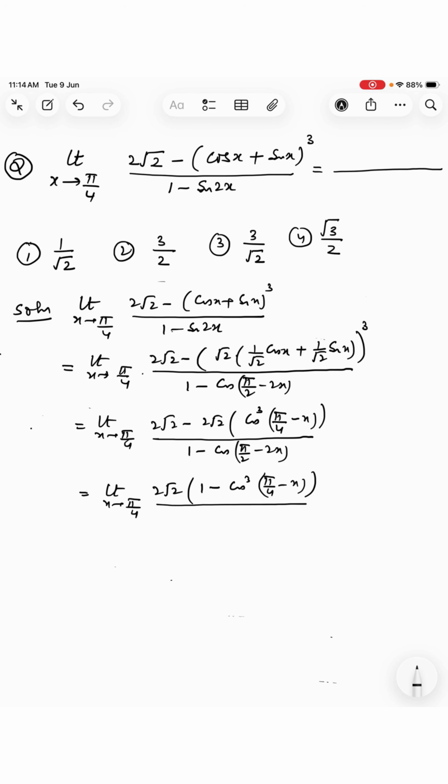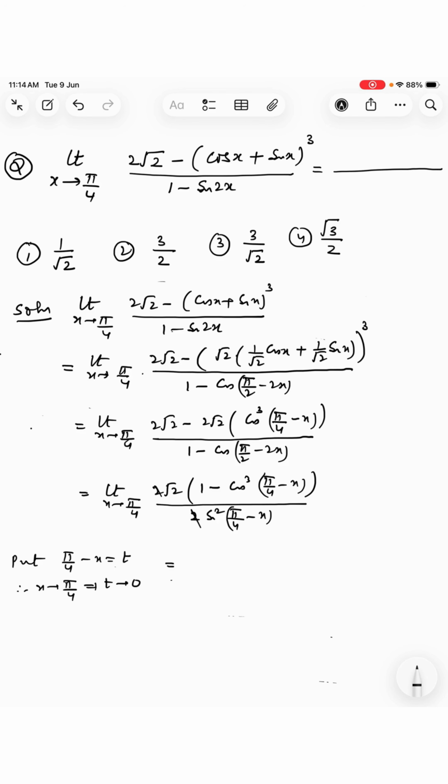divided by 1 minus cos theta, which is 2 sin square theta by 2. So if we apply that formula, it is 2 sin square of (pi by 4 minus x). 2 sin square theta by 2, so the 2 gets cancelled. Now if we put pi by 4 minus x equal to t, then as x tends to pi by 4, it implies t tends to 0.